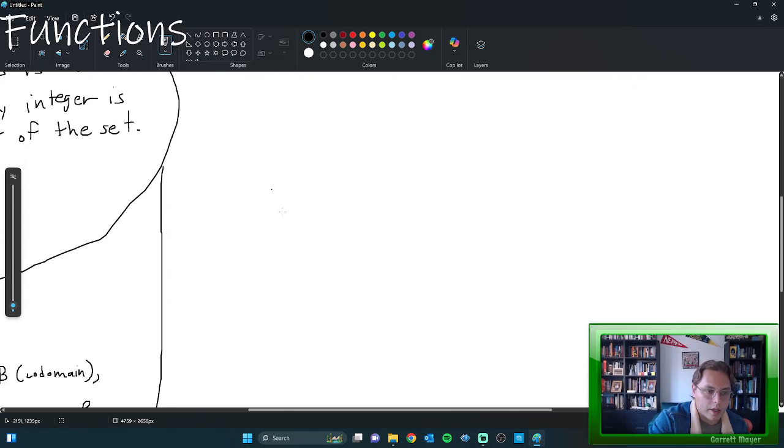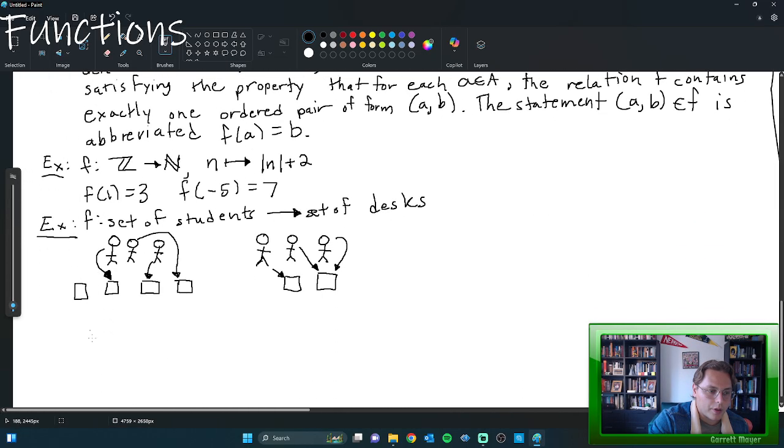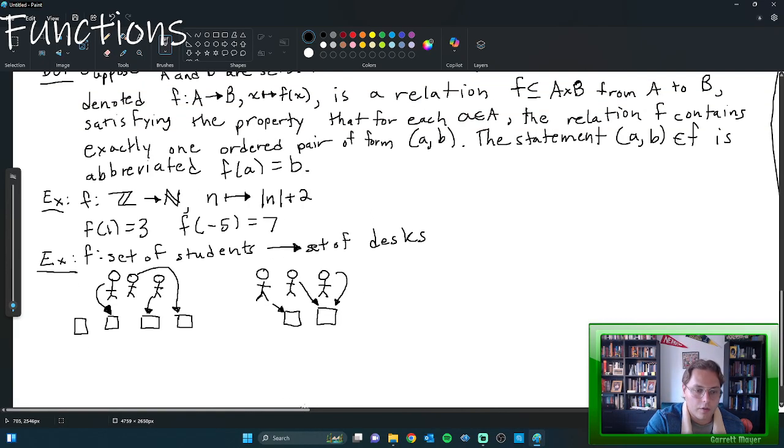To understand why, look at this example where there are 4 desks and 3 students. There are too many desks. There are too many outputs for them to cover all of the outputs. But when there are more students than desks, there are enough outputs. They can double up, but they can cover every single desk. They can cover every single output.